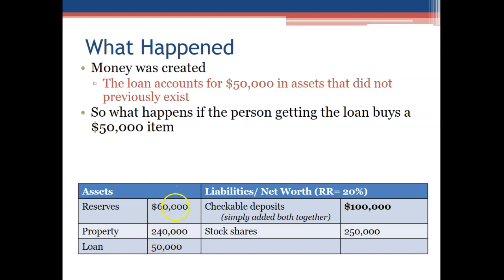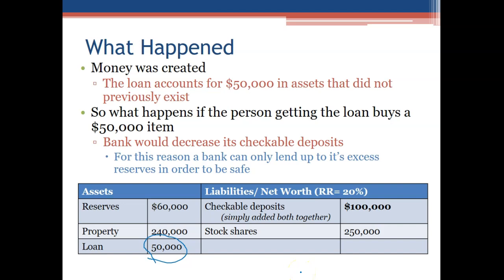But after the loan, we now have $350,000. $50,000 was loaned into existence. It's acceptable. It's legal tender. It has a store of value. It's backed by the fact that there is a loan out against it. So it's backed by something. It's money.